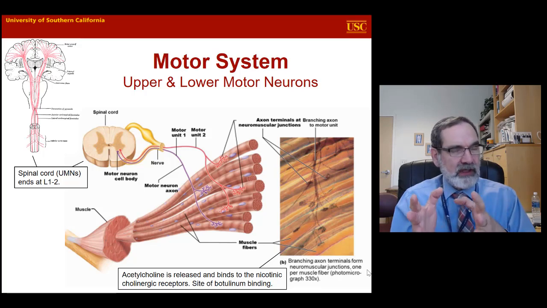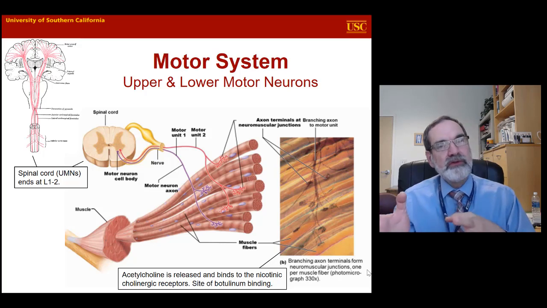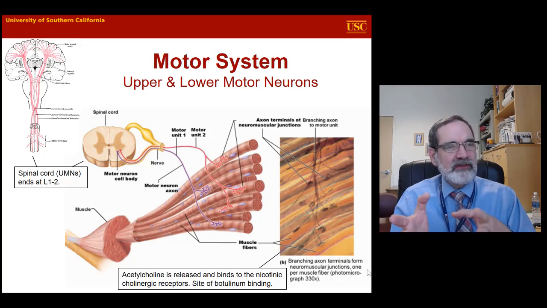What botulinum toxin does is paralyze a bunch of motor units because they can't get the acetylcholine signal to contract. Without that signal, because it's blocked by the botulinum toxin, those fibers won't contract, and they are essentially paralyzed.